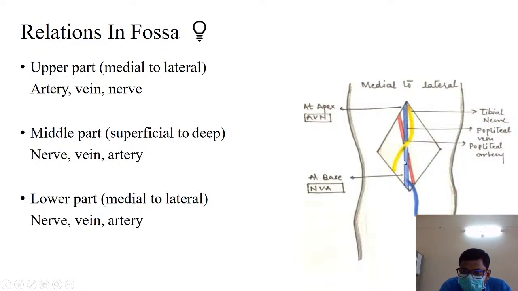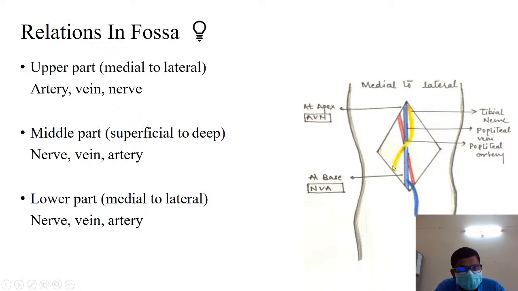In the middle part of the popliteal fossa, the neurovascular bundle is twisted so that the arrangement is from superficial to deep. The most superficial one will be the nerve, that is the tibial nerve, then comes the vein, and the innermost one will be the popliteal artery. Now in the lower part of the popliteal fossa, the bundle is reorganized again.